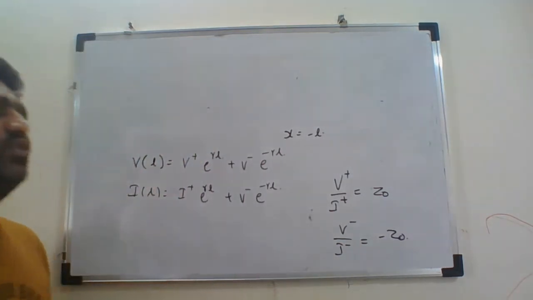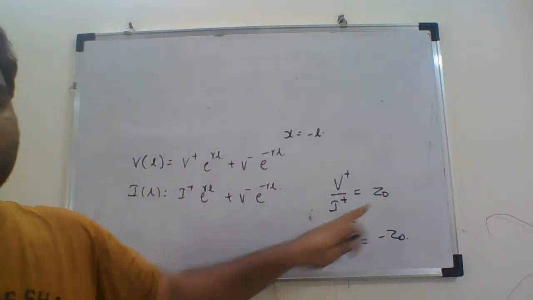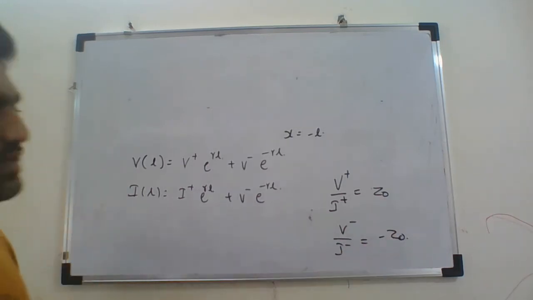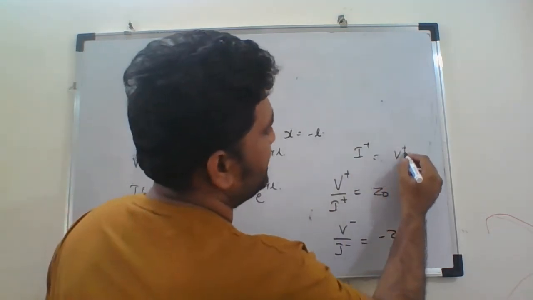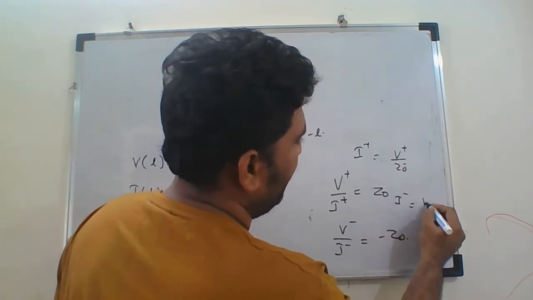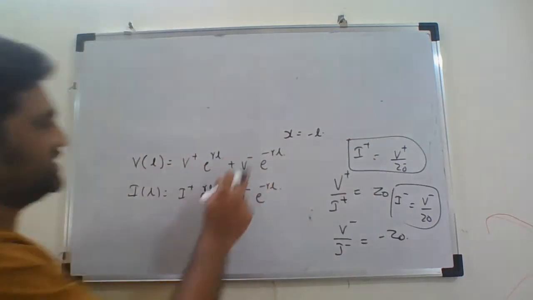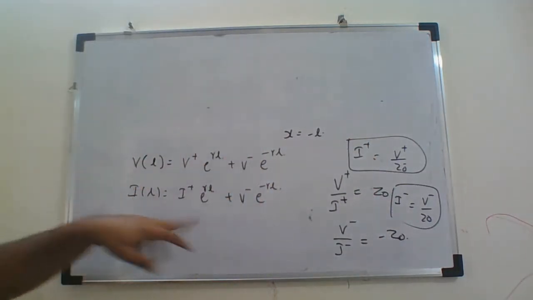In the last video we discussed this. So from this, I plus is equal to V plus by Z naught, and I minus is equal to minus V minus by Z naught. Let me use these two quantities in the two expressions.